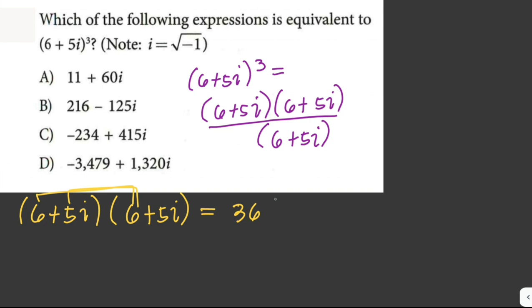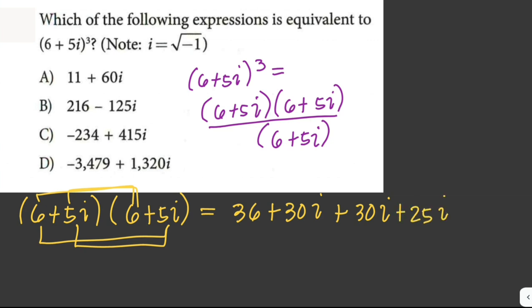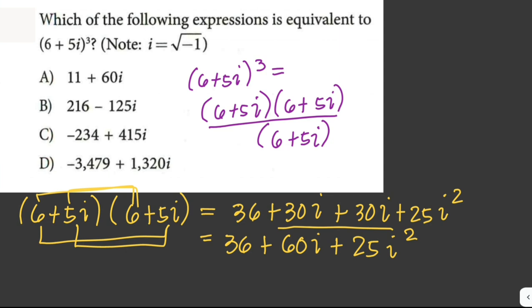Then 5i times 6 is 30i, plus 6 times 5i is 30i, and then 5i times 5i is 25i². So we have 36 plus 60i, we group like terms, plus 25i². And then we can multiply this by this one, another 6 + 5i.